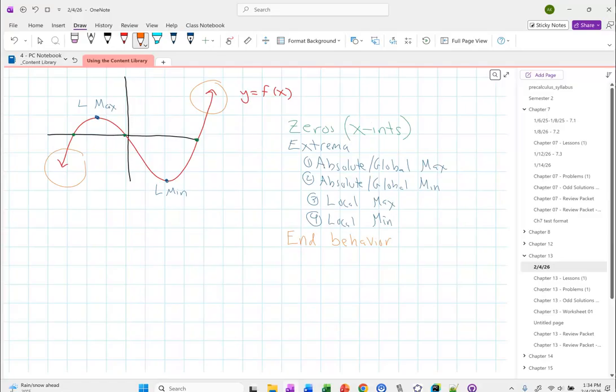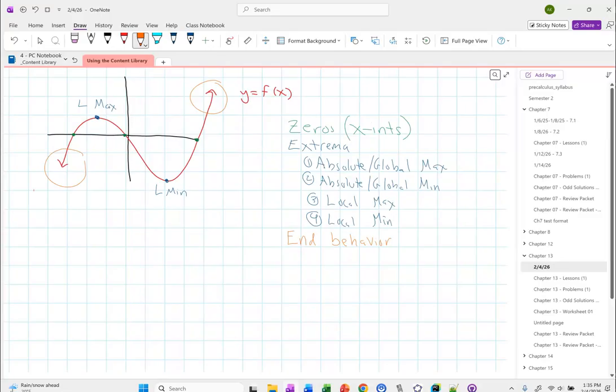To describe the end behaviors, I'm going to require you to do that using limit notation. I'm going to help you decode symbolically what this symbol is that we're writing, so you understand how to change it for the given problem.